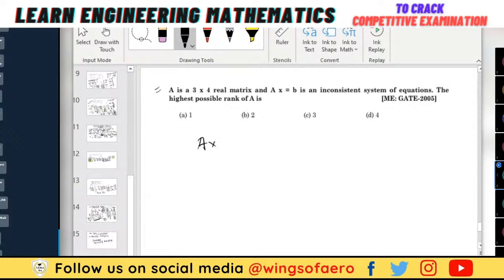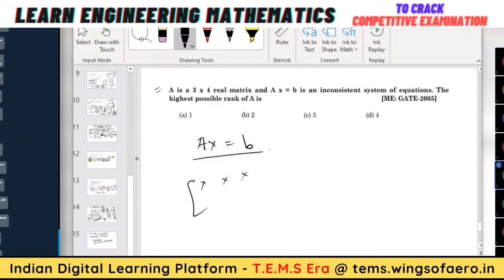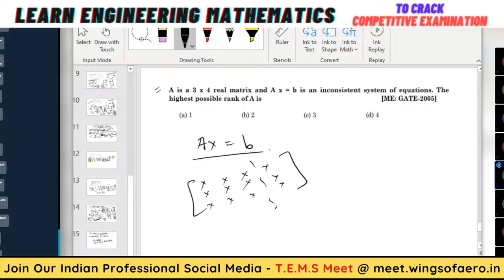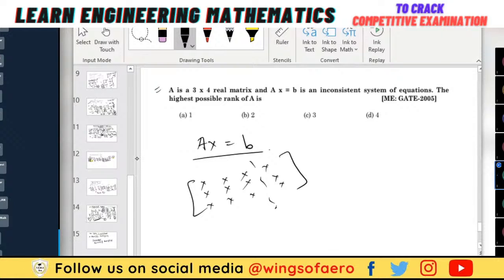Suppose Ax equal to B. The system becomes inconsistent if the ranks do not match each other.